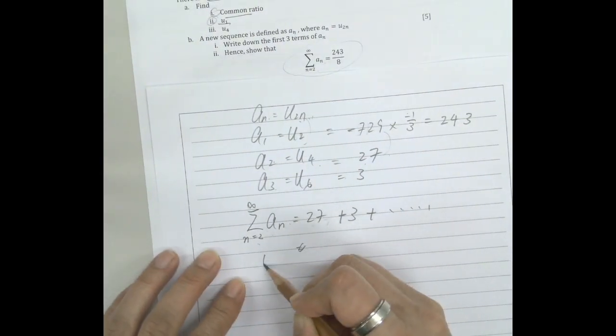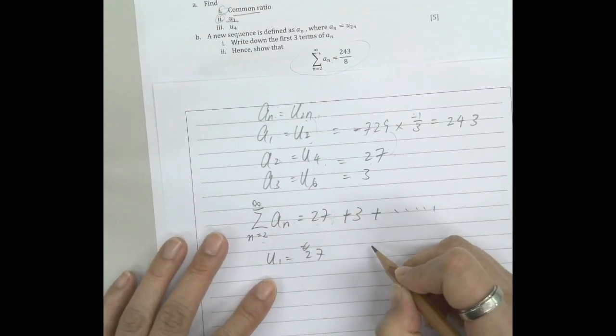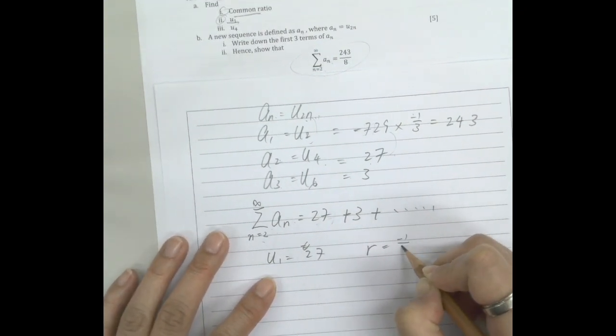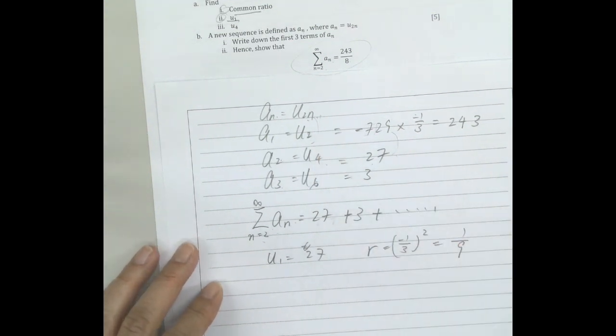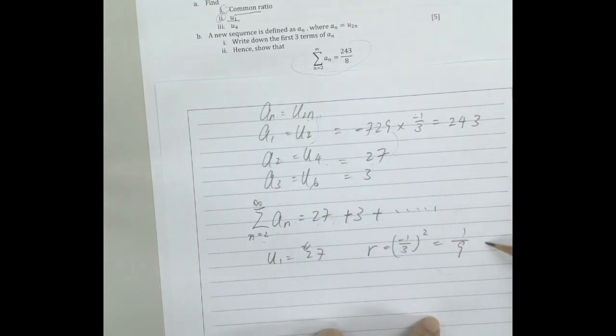So we will have our first term equal to 27, and R equals (-1 over 3) squared, that gives us 1 over 9, because every 2 terms we multiply once. It is still smaller than 1, so we can perform an infinite sum.